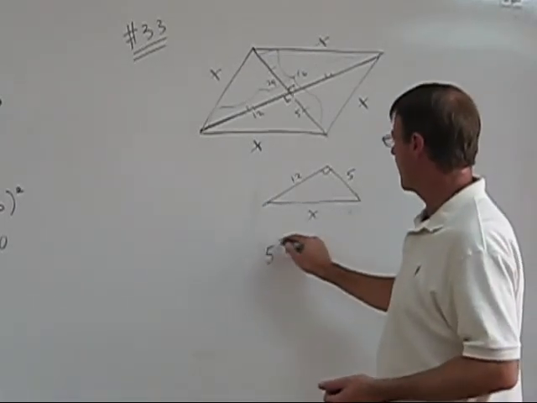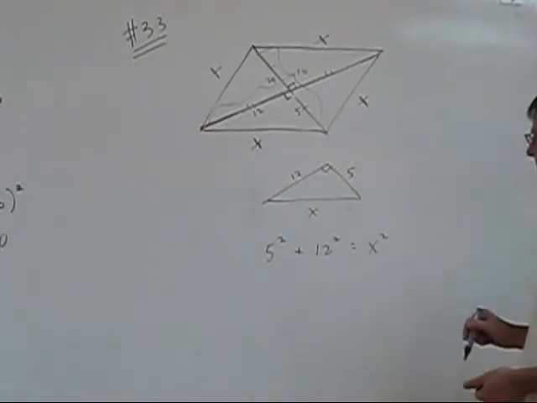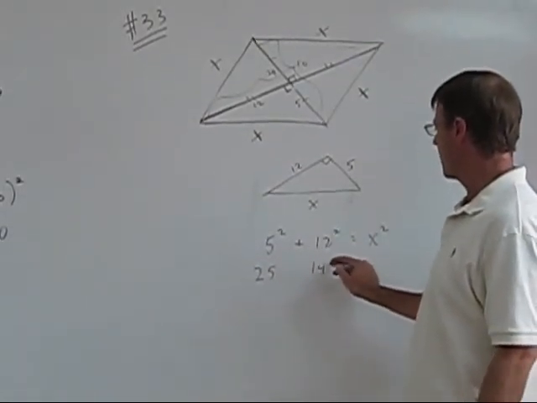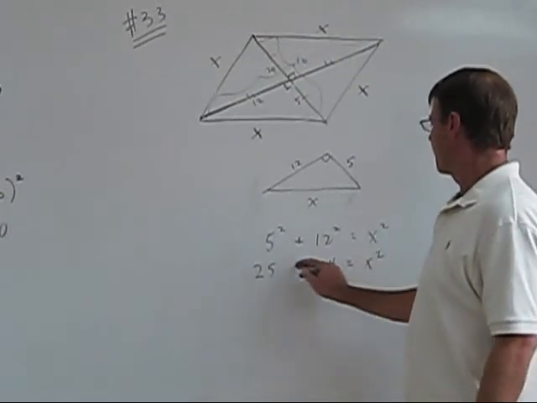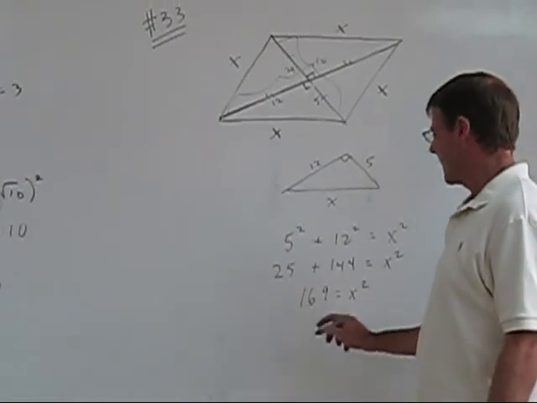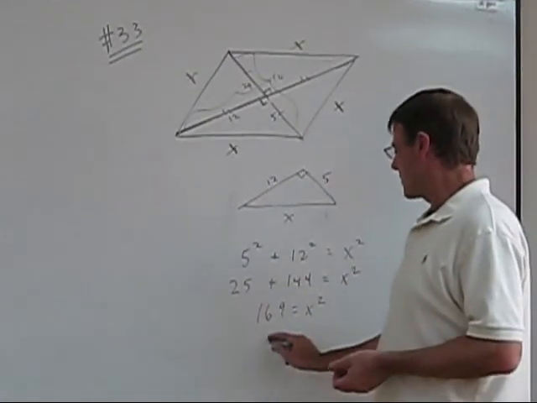So 5 squared plus 12 squared equals x squared. This is 25. This is 144. So I have 169 equals x squared. And again, I'm looking for the positive square root, which is 13.